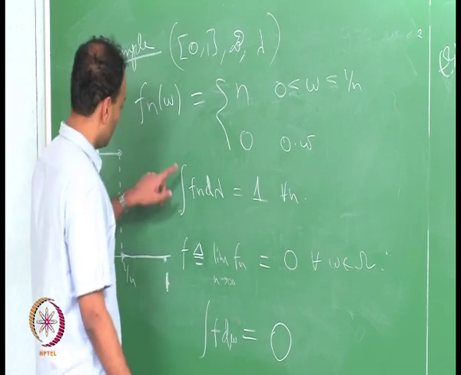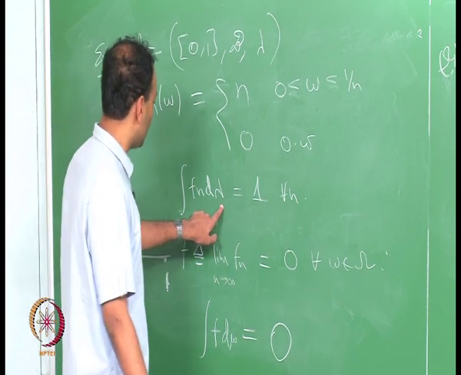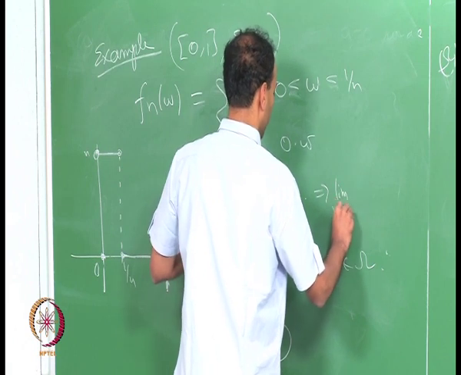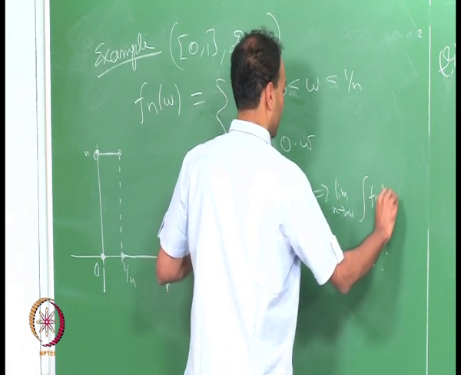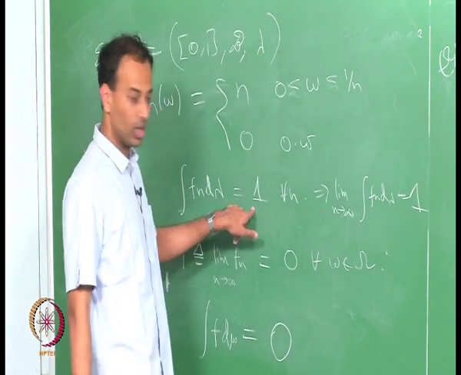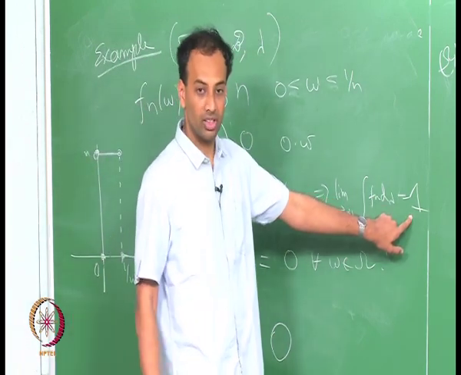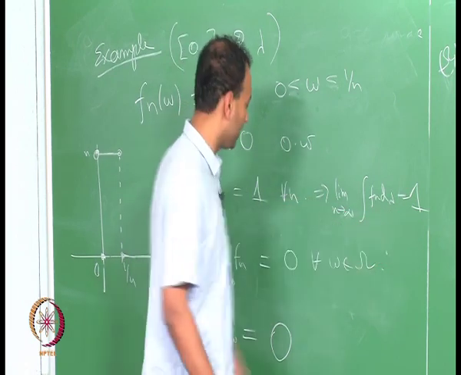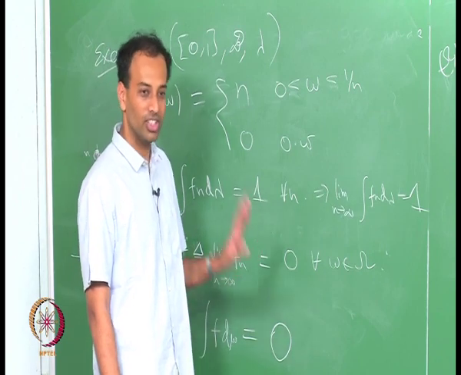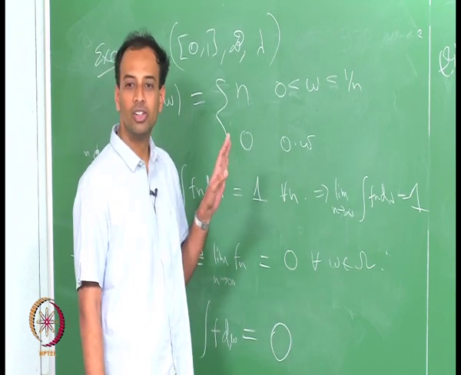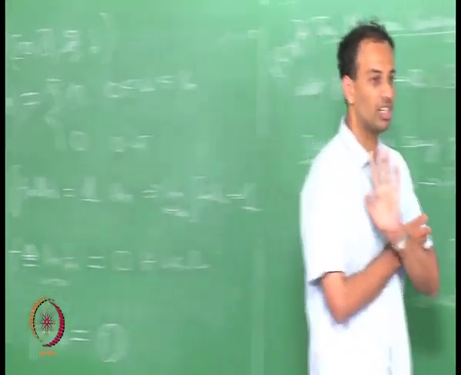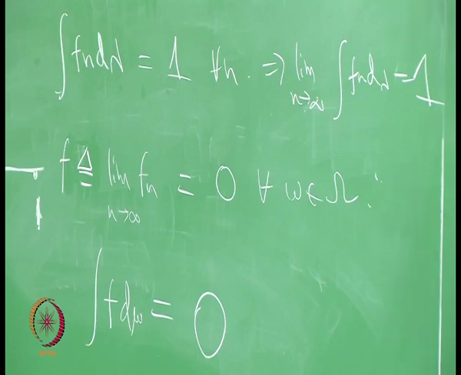The integral of f_n d lambda is equal to 1, so the limit as n tends to infinity of the integral of f_n d lambda is also equal to 1. So, the limit of the integral is 1, but the integral of the limit is 0. It is clearly not the case that you can blindly interchange limit and integration. A very simple example says that you cannot do it.